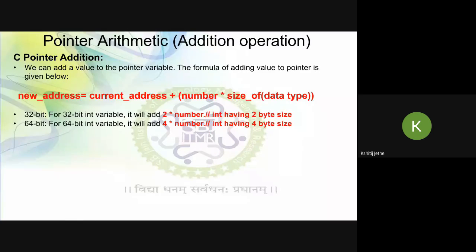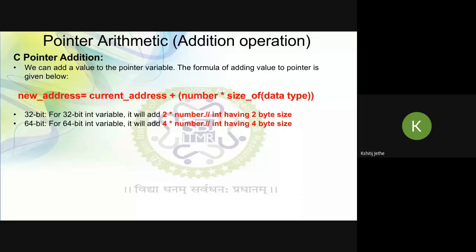So basically, if you want to find the address of the new memory location, you have to look at the initial address, the current address, then see the number which we are trying to add to the address, and then multiply it with the data type size.